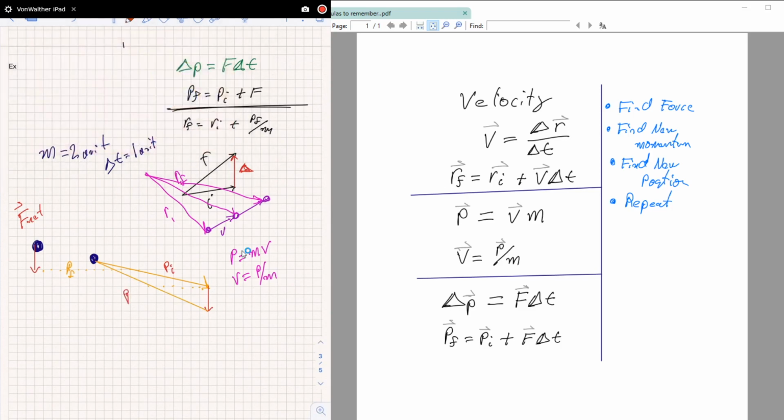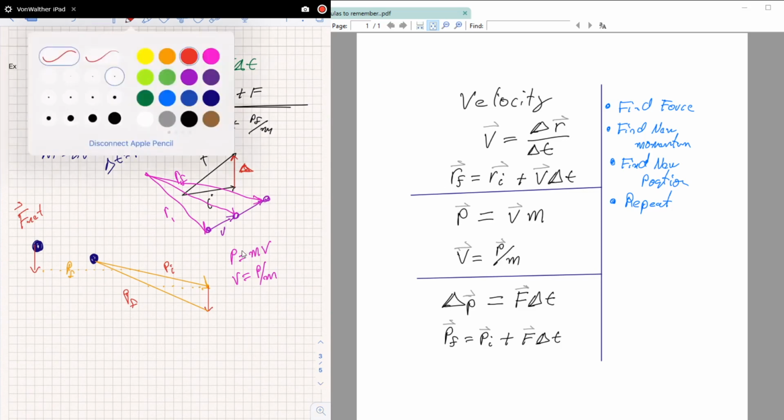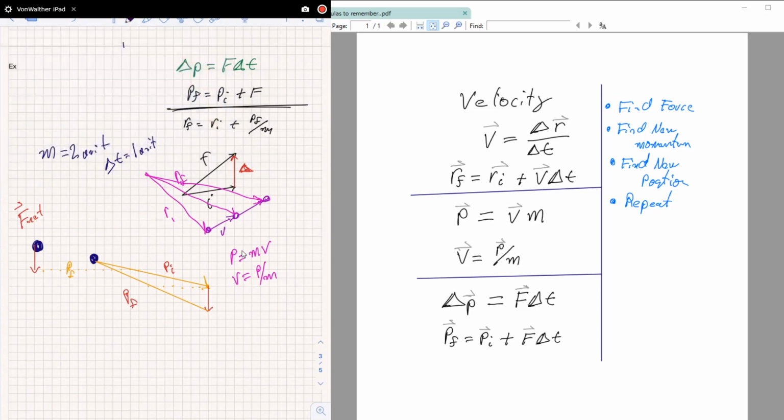Okay, pretty cool. Again, because the mass is 2, we're going to move half. If the mass was 4, we'd move a quarter. If the mass was 3, we'd move a third. If the mass was half, we would move twice. That's how this works. And so we're going to, again, move the object. Let's say that's halfway there.